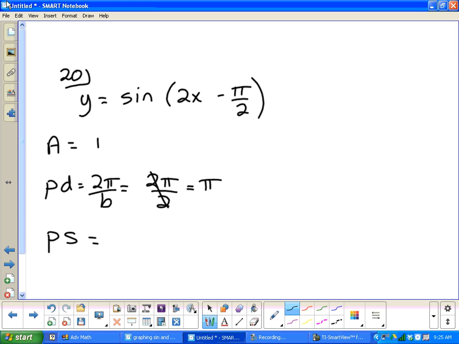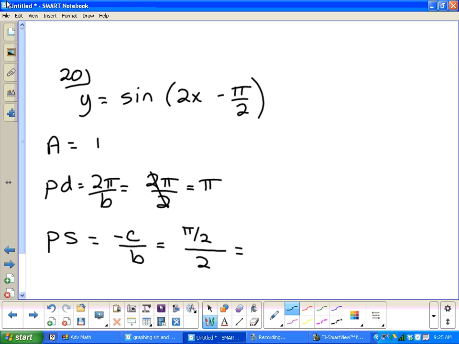What did I say the formula was? The opposite of C over B. So it's the opposite of this value divided by that coefficient right there. So opposite of C, it's not going to be negative pi over 2, it's just going to be pi over 2. So it'll be pi over 2 divided by 2.